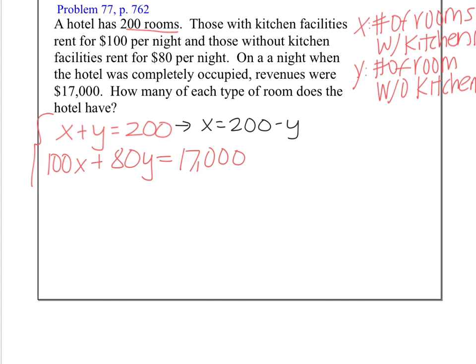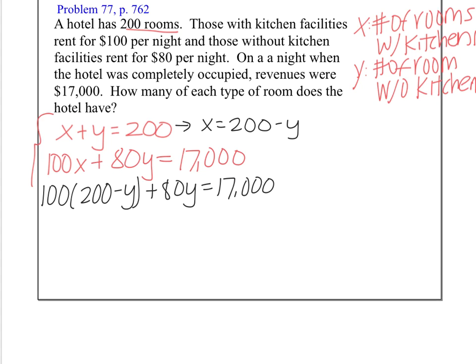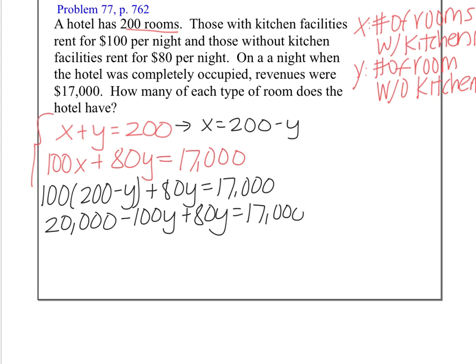So now what I can do is solve this by substitution. So I have 100 times 200 minus y plus 80y is equal to 17,000. So we multiply everything out, and we have 20,000 minus 100y plus 80y equals 17,000.